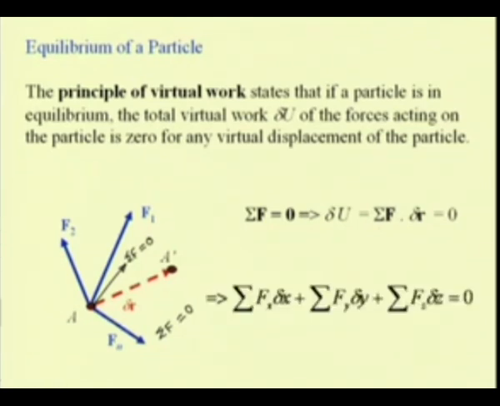So, let us write them in the component form. So, we have f x delta x is the virtual work done along the x direction.